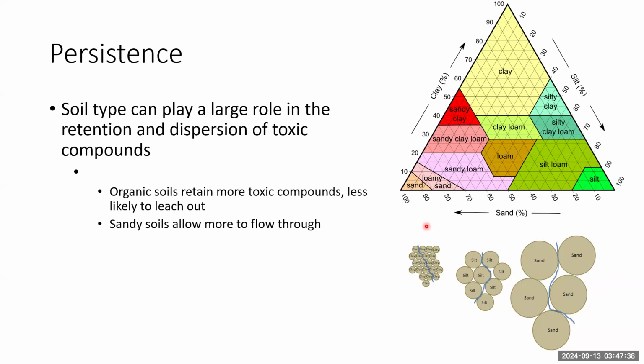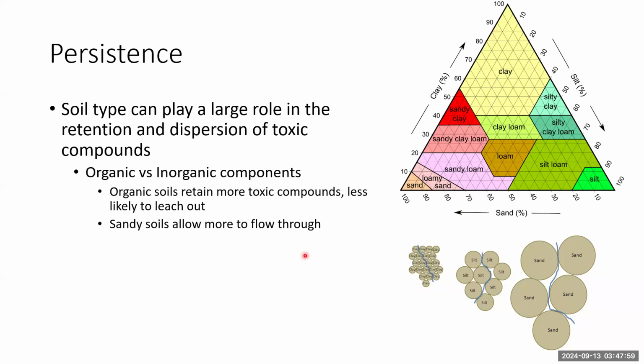In addition to the size of the inorganic particle, we also want to think about how much organic material is part of that soil. The soil isn't just inorganic, it is also some organic bits: decomposed plants, animals, detritus, things of that nature.